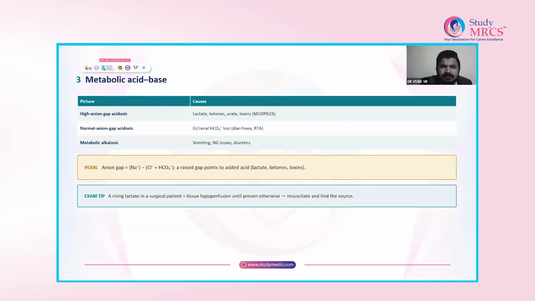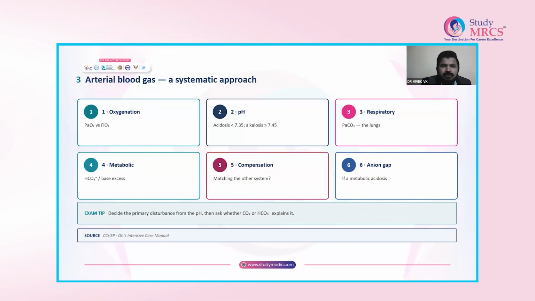According to that, we are able to distinguish whether it is a respiratory problem or a metabolic problem. If carbon dioxide is not in the normal range, it could be a respiratory problem. Or if the bicarbonate is in abnormal range, it will be the metabolic problem. So this is the way in which you have to analyze an arterial blood gas report.